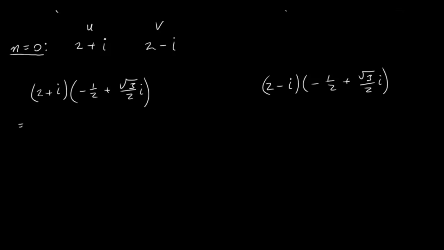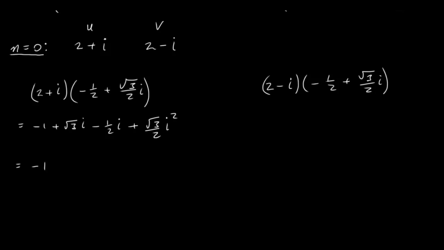Well, minus a half times 2 is going to be minus 1, so we've got plus root 3 i. Then when we do these two here, we've got minus a half i, and then these two will be plus root 3 over 2 i squared.